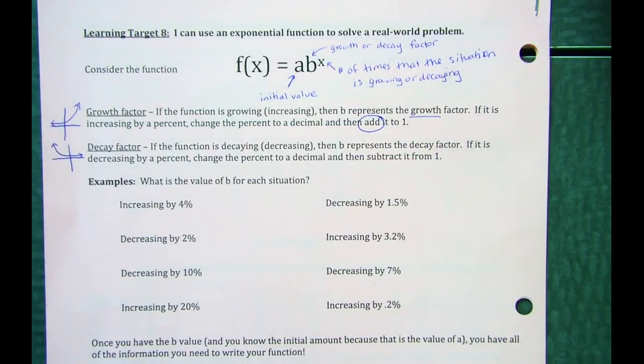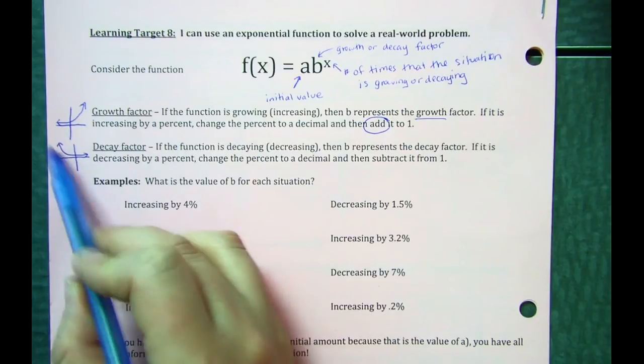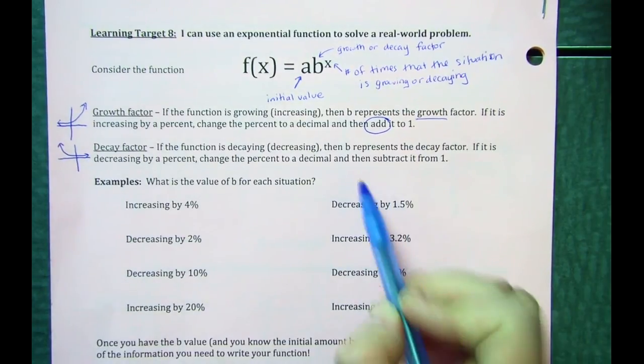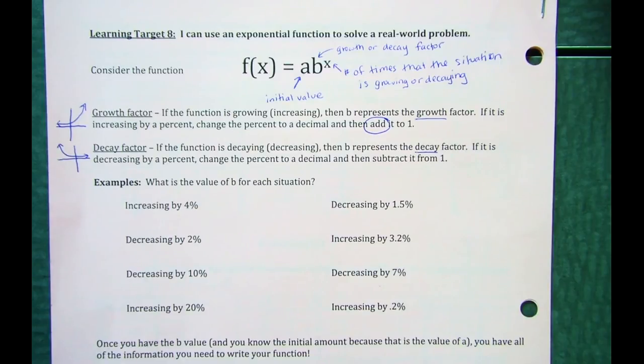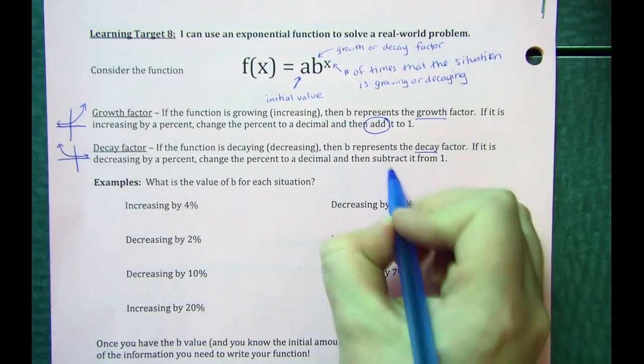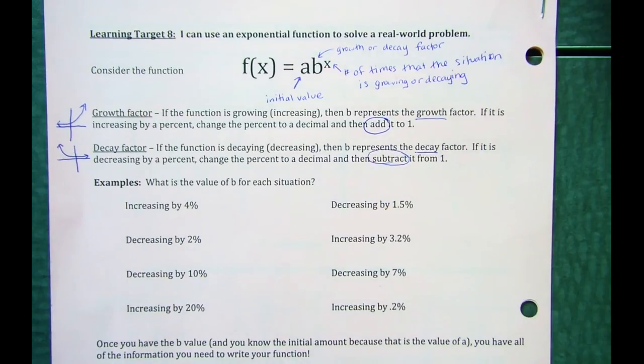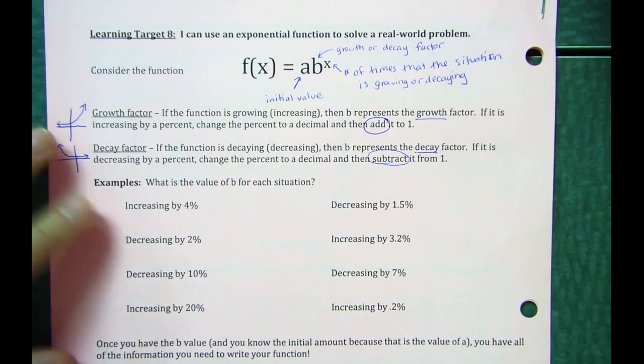If it's a decay factor, so the function is decreasing, then b represents a decay factor, and if it is decreasing by a percent, we change the percent to a decimal and then subtract it from 1. So let's look at these.